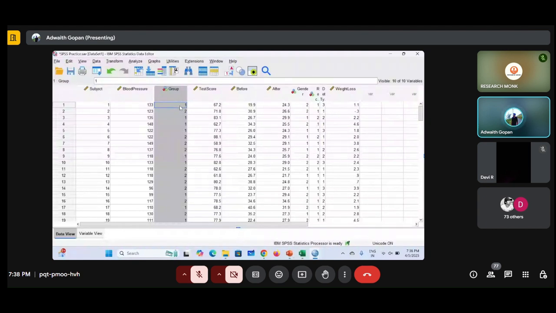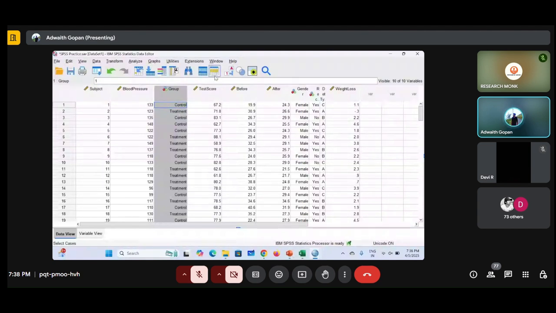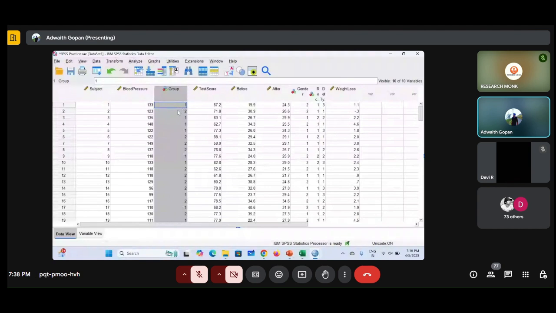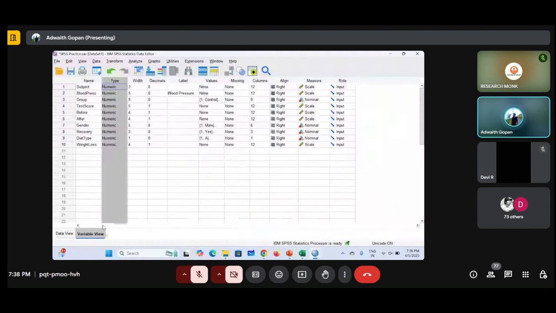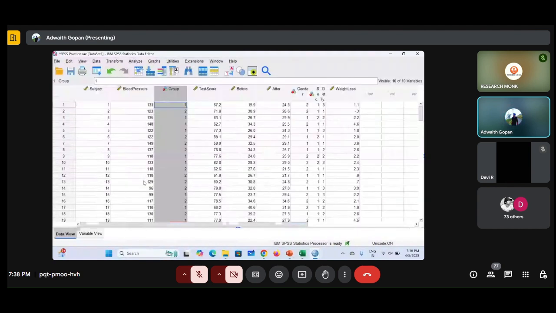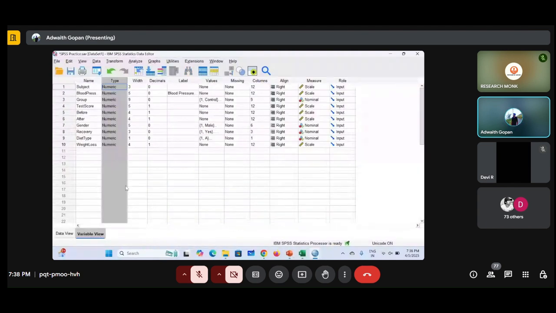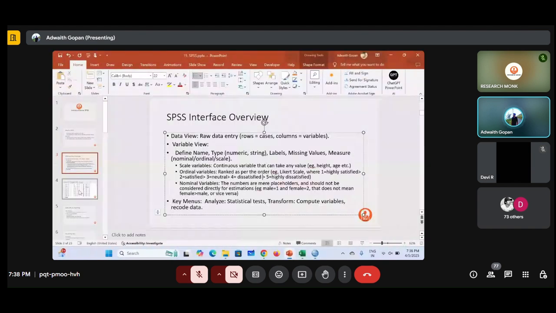Here, if you click here, you will see that one represents control and two represents treatment. Coding 1 and 2 will help us analyze easily in SPSS. So these are the basic things that you should know about the SPSS basic interface.